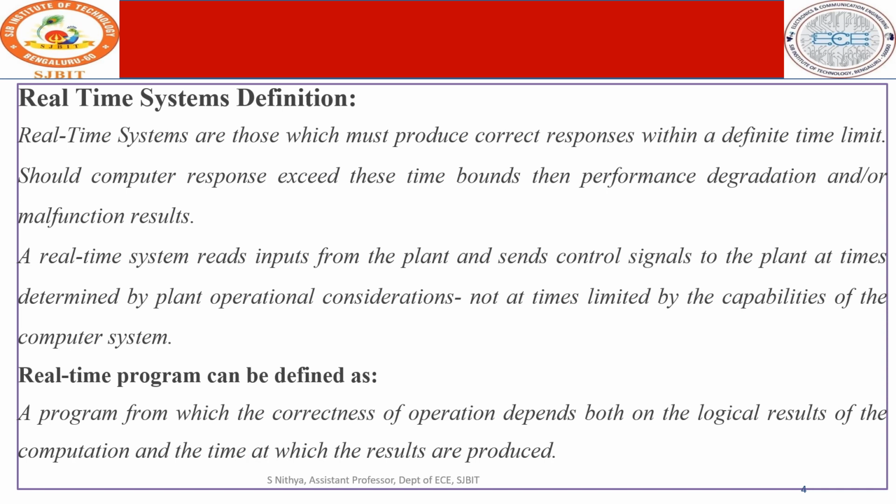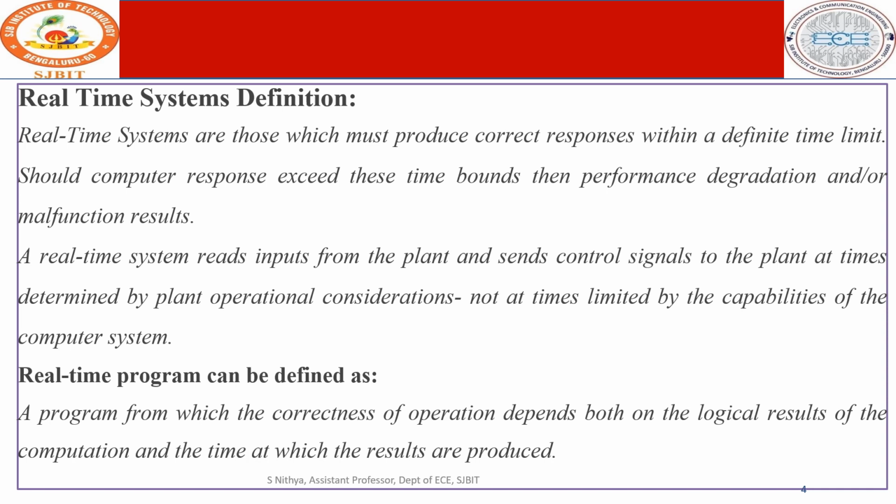Okay, so generally what we tell is that a real-time system is nothing but a system that need not work with additional programming requirements, but has to meet the response time, that means it has to meet the deadline constraints in one or more of its functions. Okay, so that is called the real-time system.